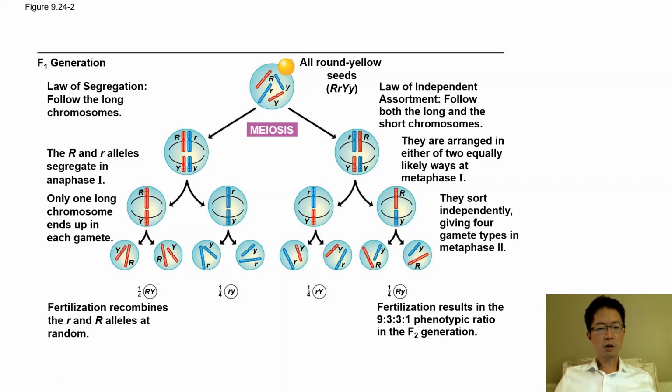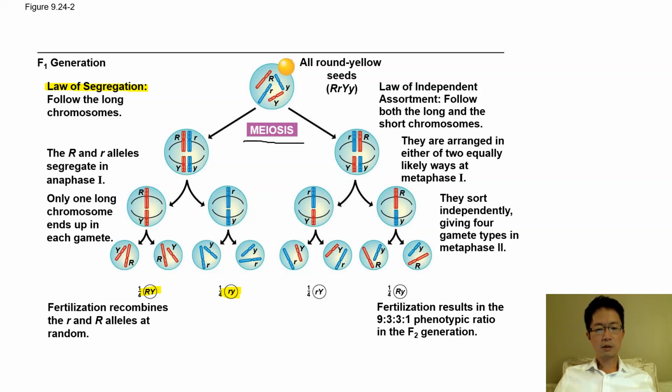So the law of segregation is here. For the F1 generation, when you go through meiosis to form gametes, what will happen? Some of the gametes will have the big R, big Y, but some of the gametes will have small r, small y.